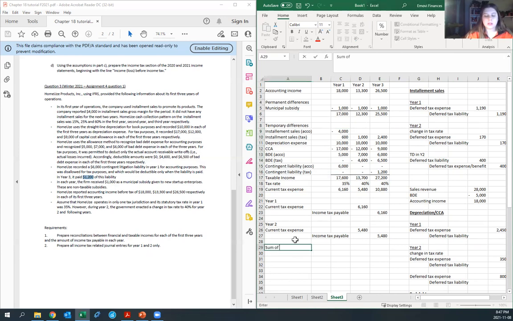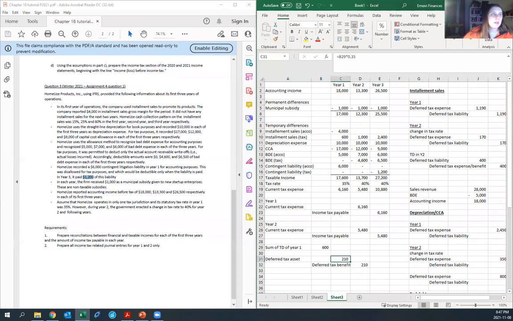So the sum of temporary differences for year 1, for example, is going to give me $600. It's a positive. So since it's a positive, I'm going to record a deferred tax asset to a deferred tax benefit, and it's going to be $600 times our tax rate.